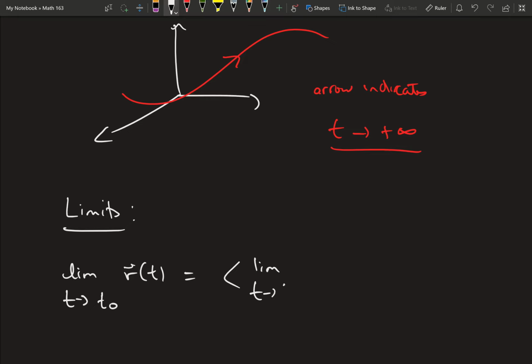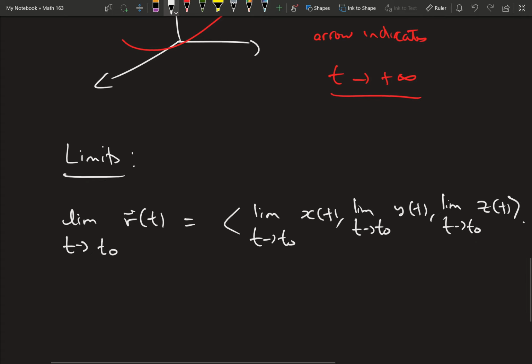The limit as t goes to t0 of x of t, the limit as t goes to t0 of y of t, and the same thing for z of t. So the limit concept exists in the same way, essentially by component.